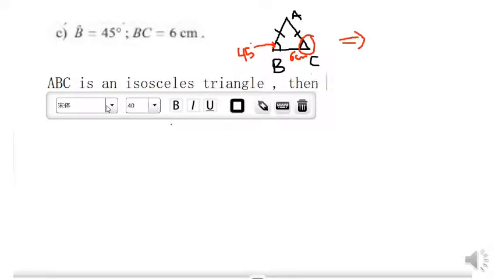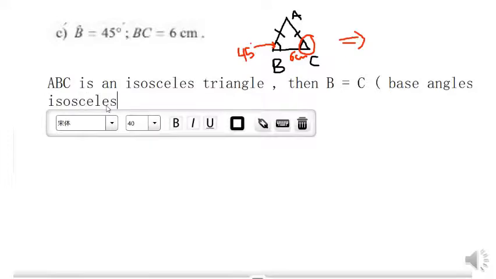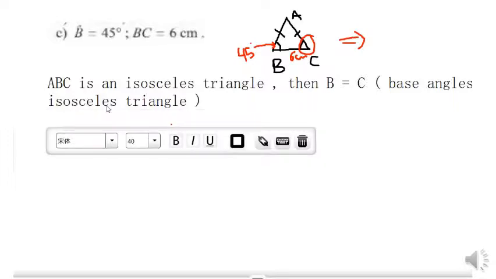We have first to state the reason. Okay, then angle B is equal to angle C. Why? They are base angles of an isosceles triangle.